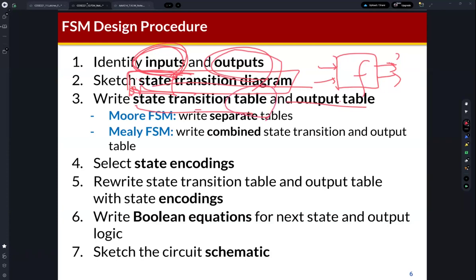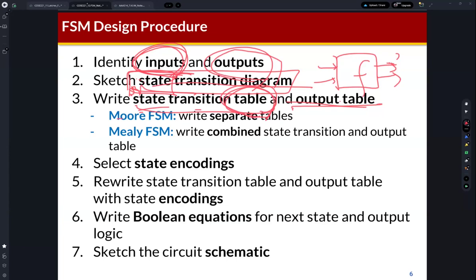I mentioned that we need to make two combinational logics: the next state logic and the output logic. So we can make a state transition table based on the state transition diagram, and then we can make the output table.